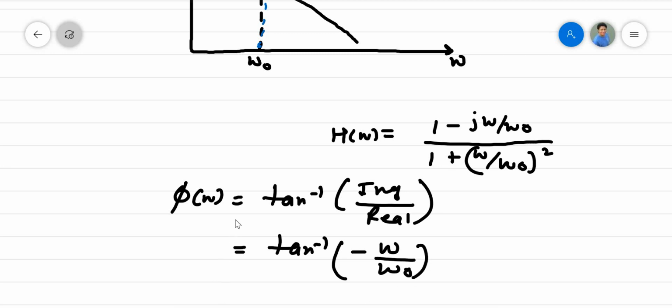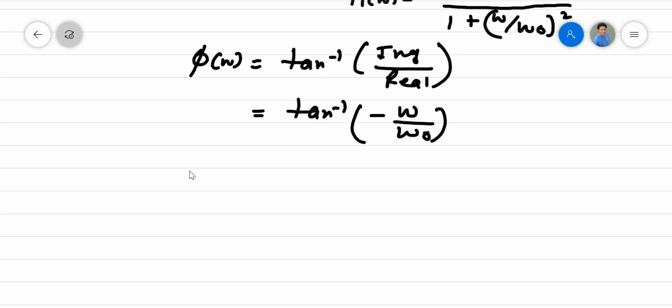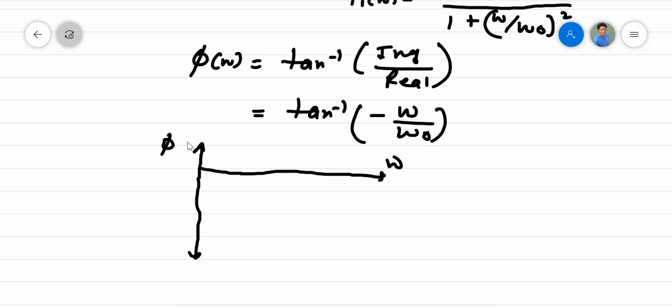If we plot this relation, just as we plotted the magnitude part, there is a negative sign which comes outside, so the phase is negative and we plot it in the negative direction, with omega, and it is phi of omega. One can see that when omega is equal to 0, phase is also 0.